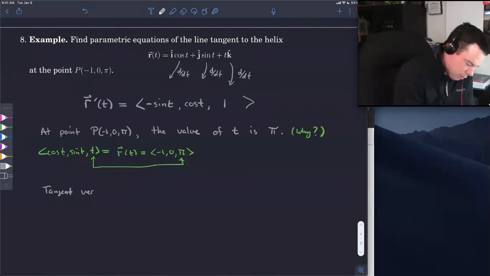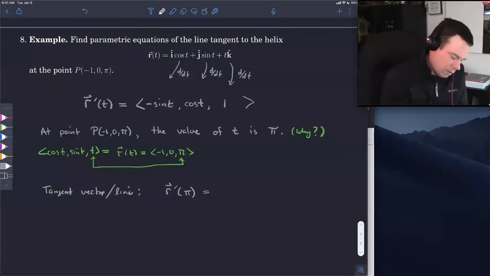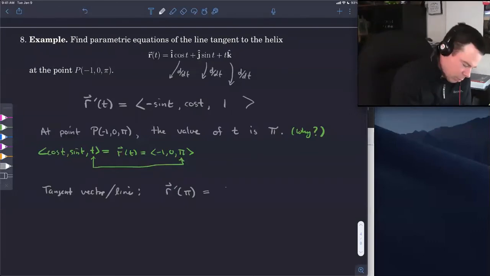Tangent vector and tangent line. So our tangent vector is r prime of pi, because pi is the value of the parameter we're interested in. That's where the point is. This is the one that's controlling the specific place in space we're worried about. What is r prime of pi?